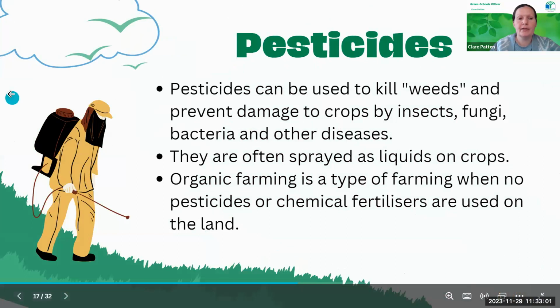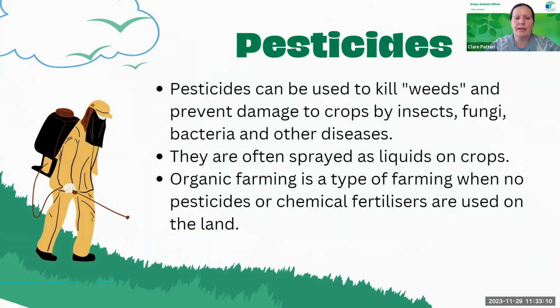So one thing that some farmers can do to try and stop some of the dangers happening is using pesticides. Pesticides are generally a chemical that can be sprayed onto crops to either kill the insects that eat them and the weeds that go around them.